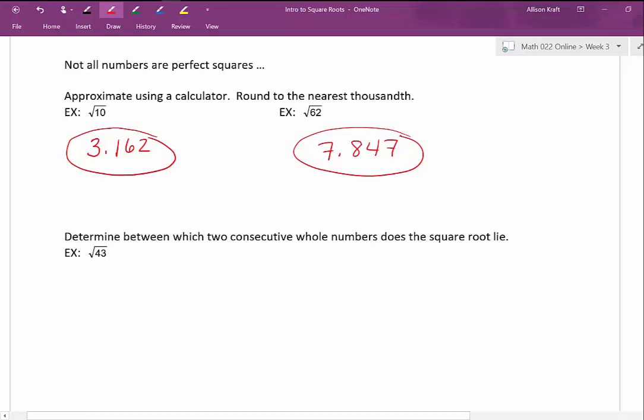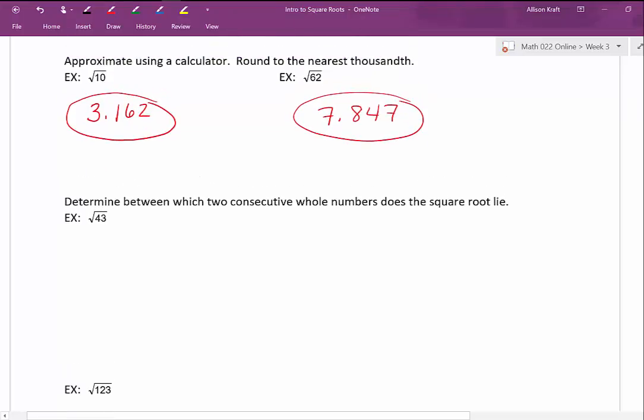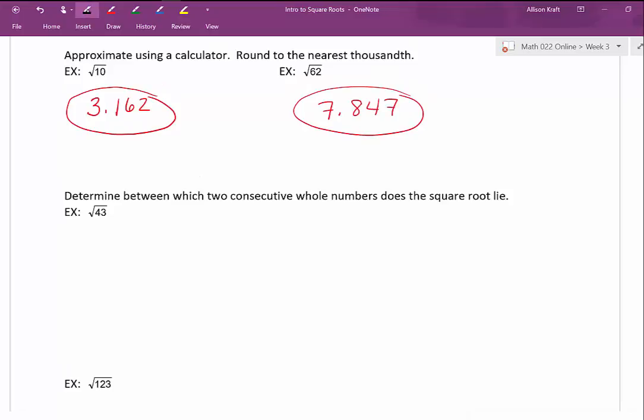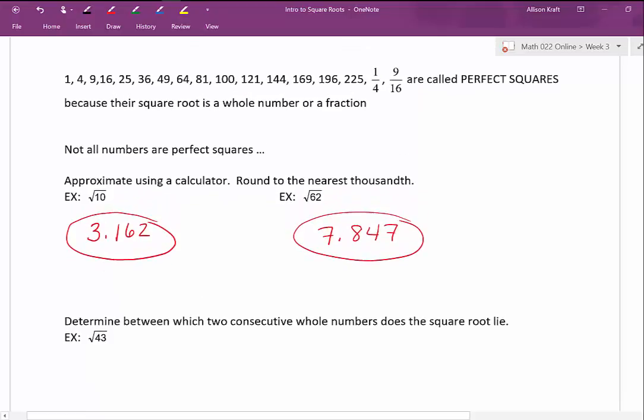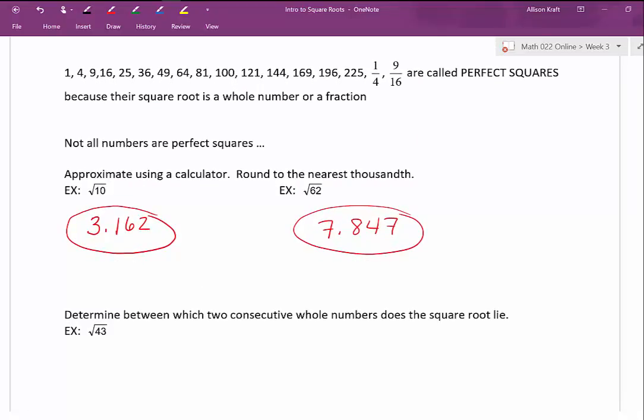Although it's very difficult to figure out exactly what a square root is without a calculator for the non-perfects, we should be able to determine between which two consecutive whole numbers a square root lies. If we go back to our list of perfect squares that I gave you up here, and I want to find the square root of 43. 43 falls right here in between 36 and 49.